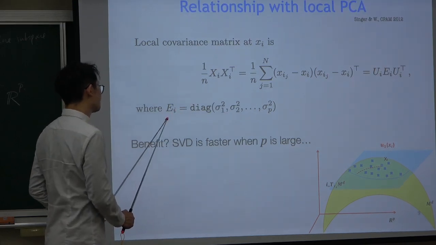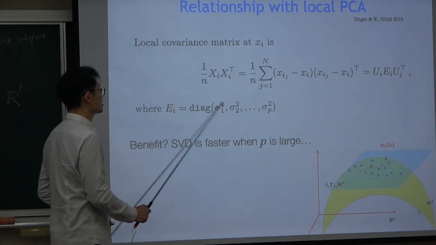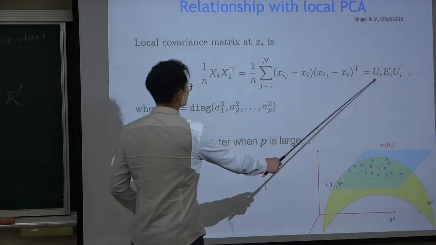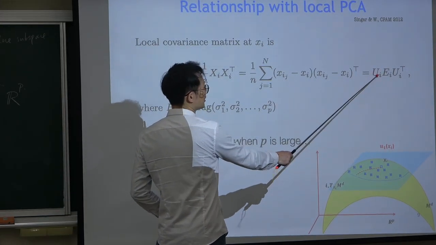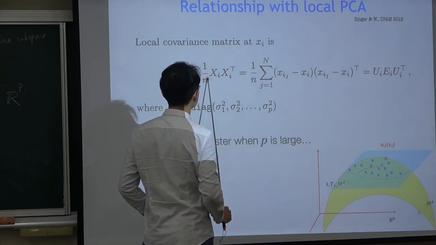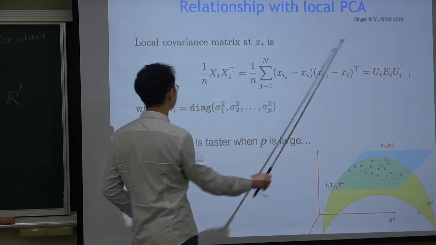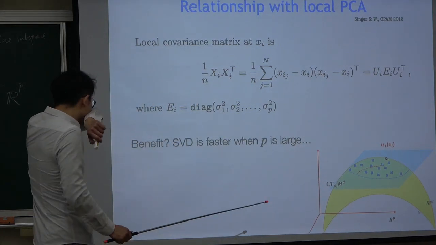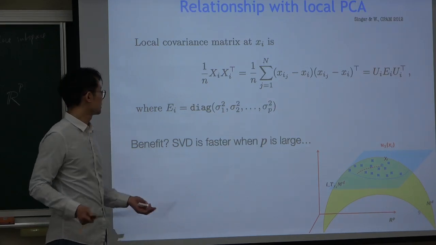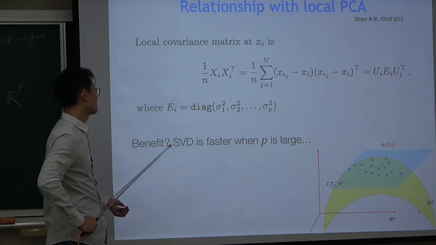And the eigenvalues are the squares of the singular values, so they are related in this way. And this U_i is the left singular vectors, and in the eigendecomposition of the local covariance matrix, these are the eigenvectors. They are kind of equivalent, but in some cases SVD may be better.